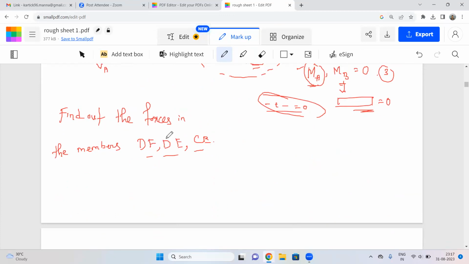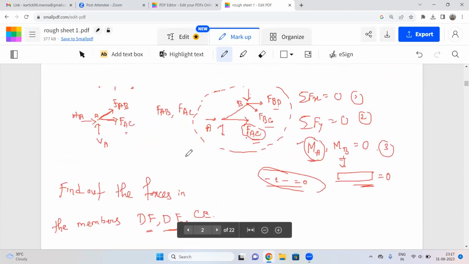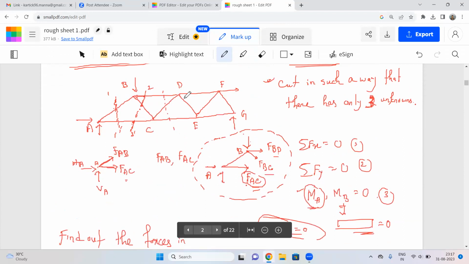So we need to find out the forces in the members DF, DE, and EC. Look, that is your DF, that is your DE, that is your EC, right? So if we cut through this section, take this from this end or from this end, whatever.